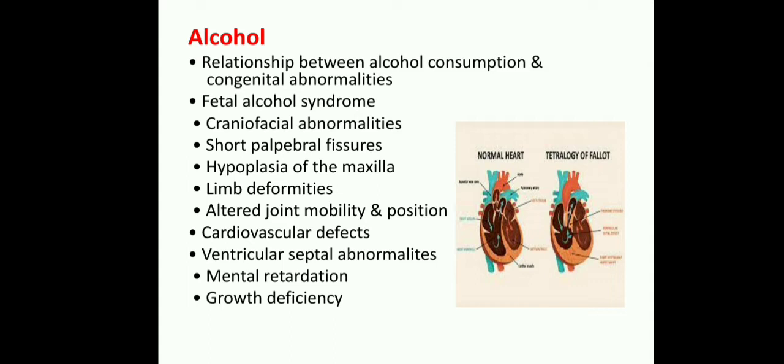Look at that picture, the normal heart, and look at the second picture, where the child suffers from tetralogy of Fallot, which is also a congenital cardiovascular defect. Next, the child suffers from mental retardation and growth deficiency. These are the congenital malformations that occur when the mother is consuming alcohol.